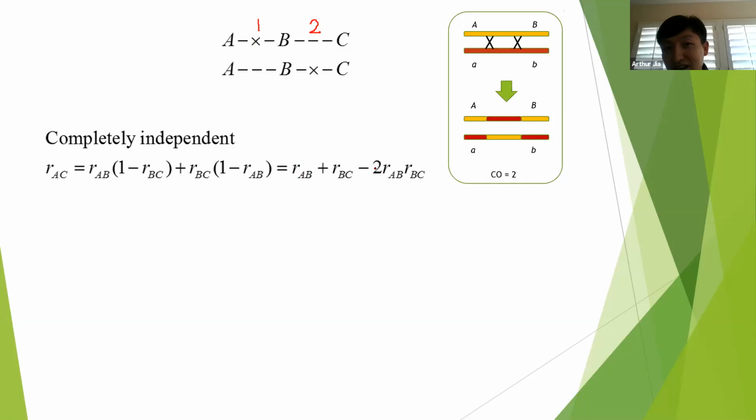So we have to subtract that probability from this one. And the same thing, we have to subtract the probability for double crossing over from this probability as well. So that's why you see this equation. Is that clear?